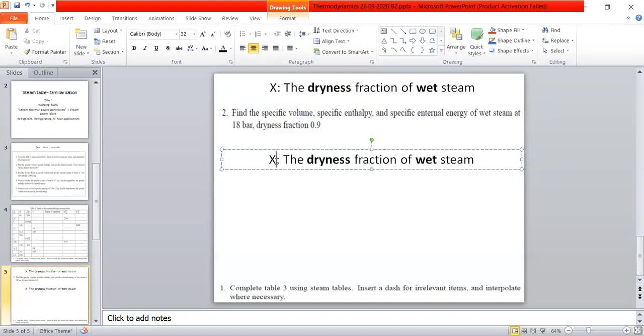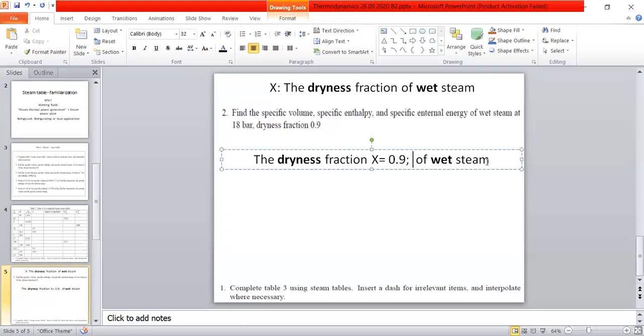X equals 0.9 means the dryness fraction x equals 0.9 means it is not fully dry but only 90% dry.